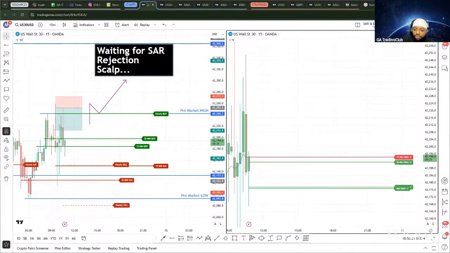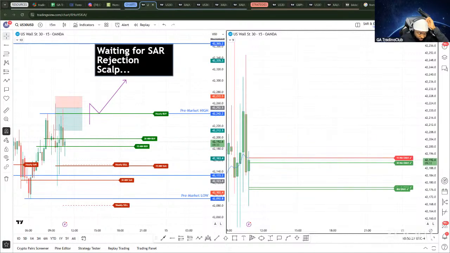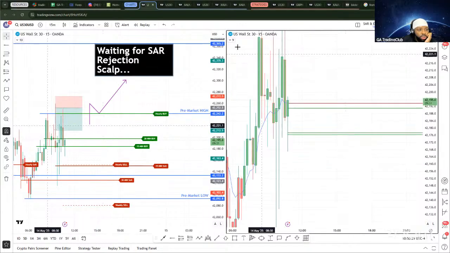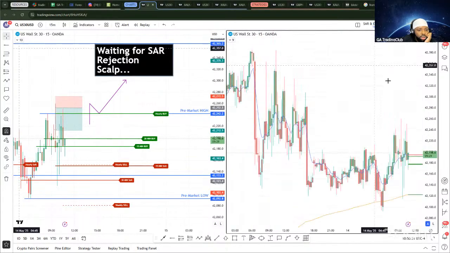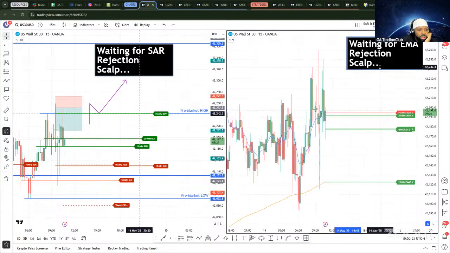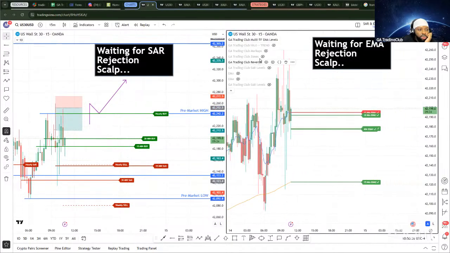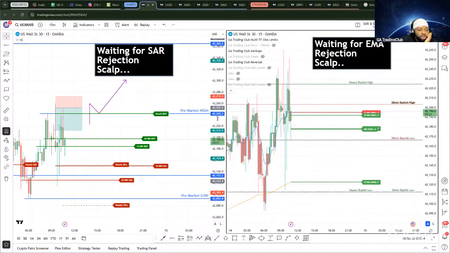Yeah, we were far away from the order blocks. Maybe something like this. The only entry we can get here is an SAR rejection.